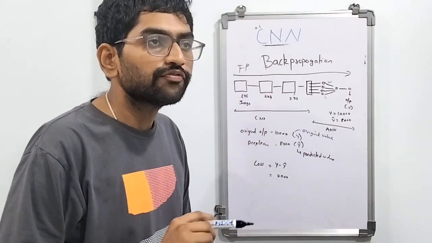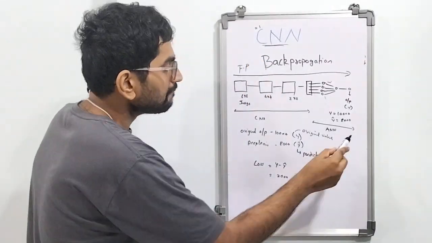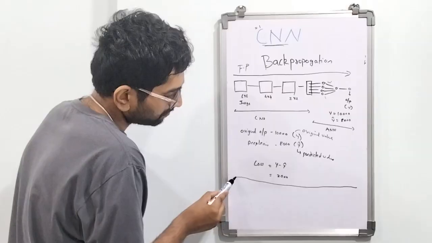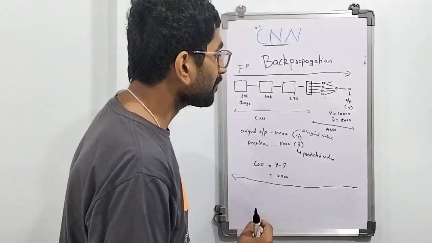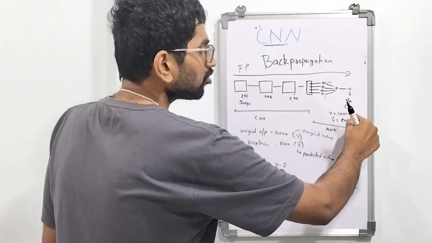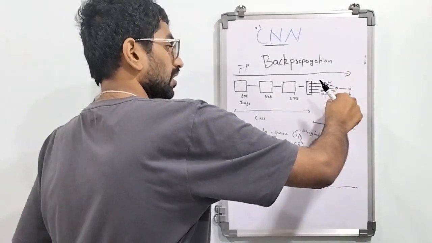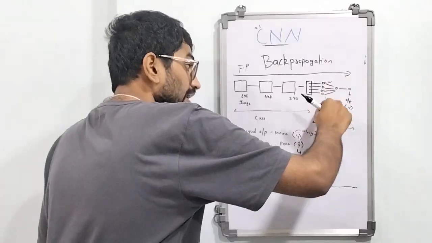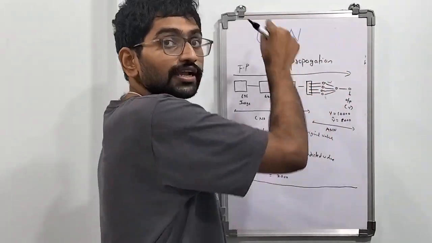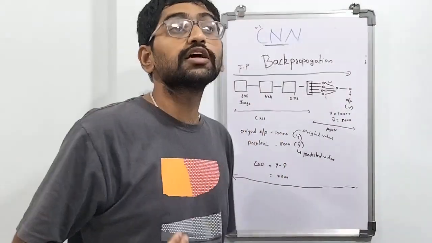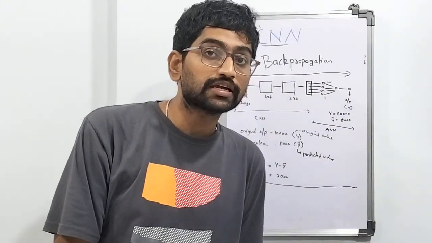So now what you have to do? You have to come back from ANN to CNN. So what is the meaning of backpropagation? From output, you go back to the output layer, to the hidden layer, to flattening, to the max pooling, to the value that you got after multiplying with the kernel.